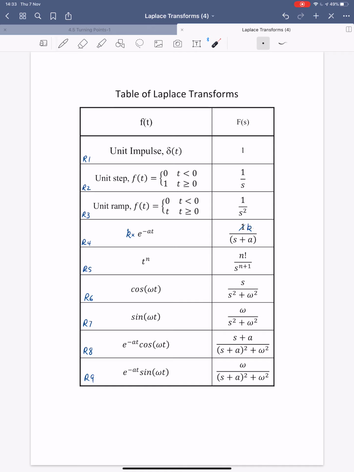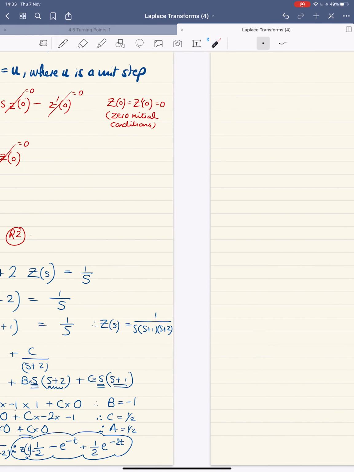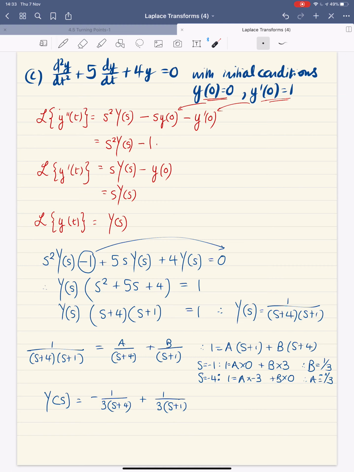Then it's k e to the minus at. So we use row 4 for that one and row 4 for that one. So it's going to be minus 1/3 e to the minus 4t for the first one, plus 1/3 e to the minus t.